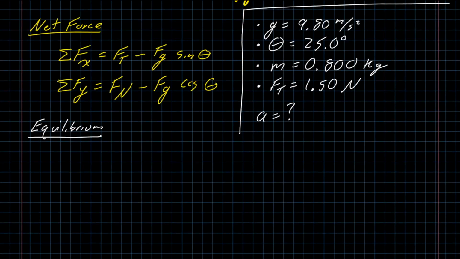So, we know that the acceleration in the y direction is going to be equal to 0. And since Fy is going to be equal to mass times acceleration in the y direction, that means that the net force in the y direction is also going to be 0.